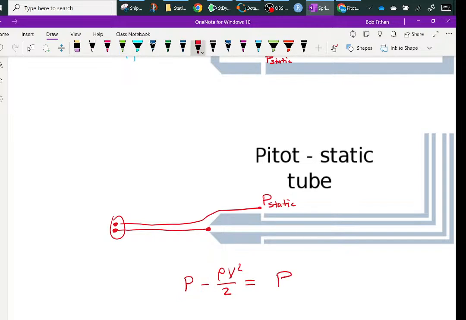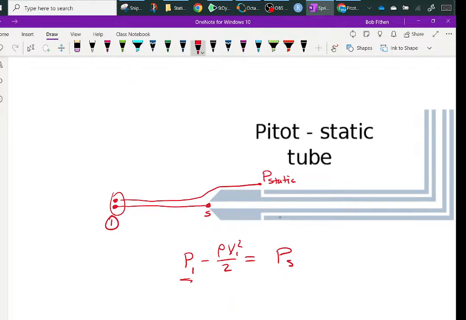Let's call this 1 S. In other words, you take all that kinetic energy, you kill it off here, and because of that, you get an increase of pressure. This is the static, and this is the increase back here. And so this is the stagnation.